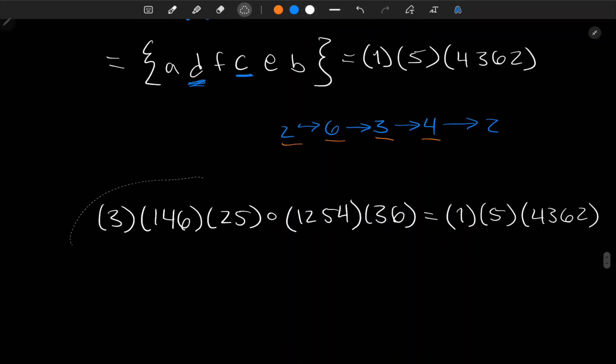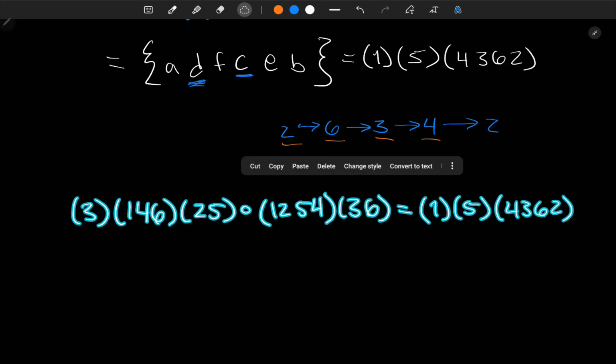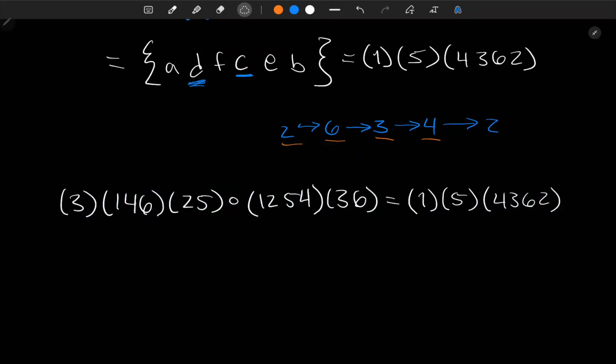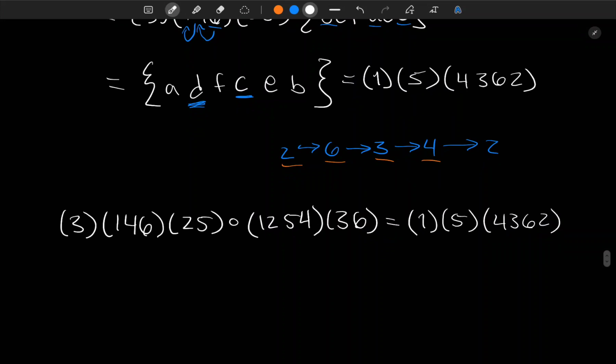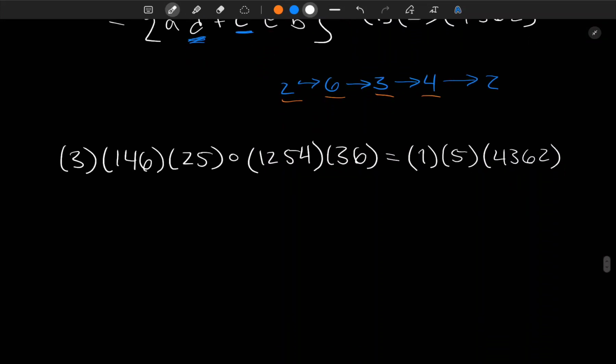Well, we could, like we just did above, act it on some arbitrary element and then see where all of the elements get mapped to. So where do A, B, C, D, E, F get mapped to? But for larger systems, that becomes somewhat tedious. So the way that you do it is as follows.